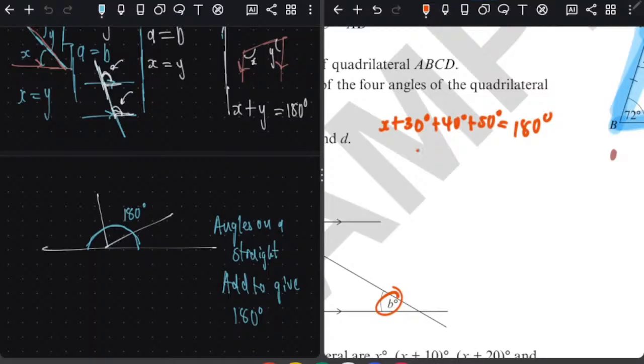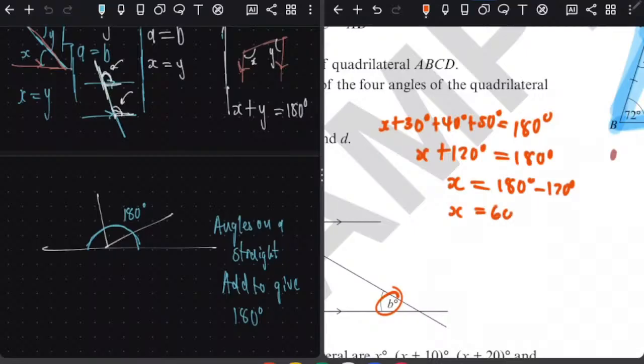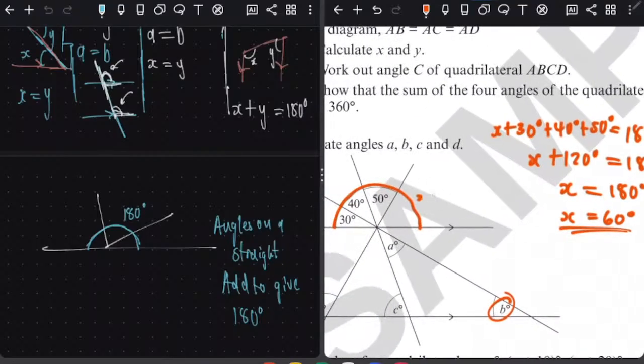Then you say x will be equal to x plus 120. You add them together. This gives you 180 degrees. Then you take the 120 to the other side. X will be 180 degrees minus 120 degrees. X will be equal to 60 degrees. So this is x.